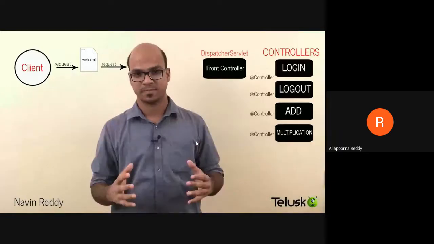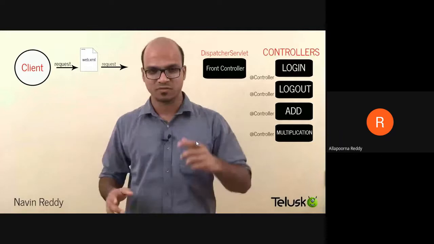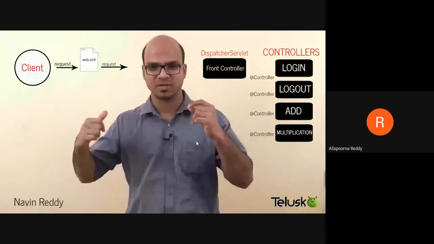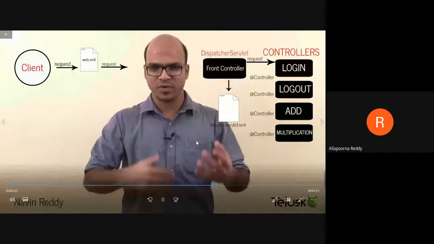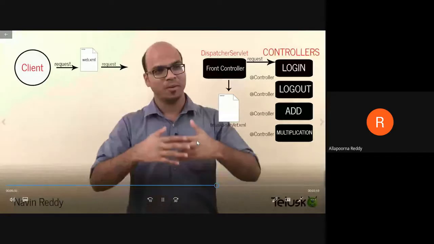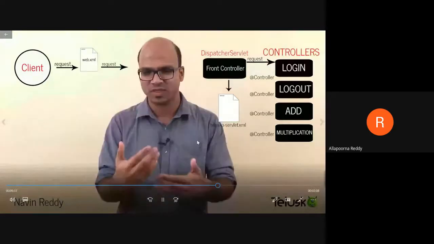Okay, so let me repeat. The client sends a request, it goes to the web.xml file, which says we have to send all the requests to the dispatcher servlet, and the dispatcher servlet will check and say, okay, we have to send that request to the login controller. Now that login controller will do some processing, of course. When you call a method, it does the processing.